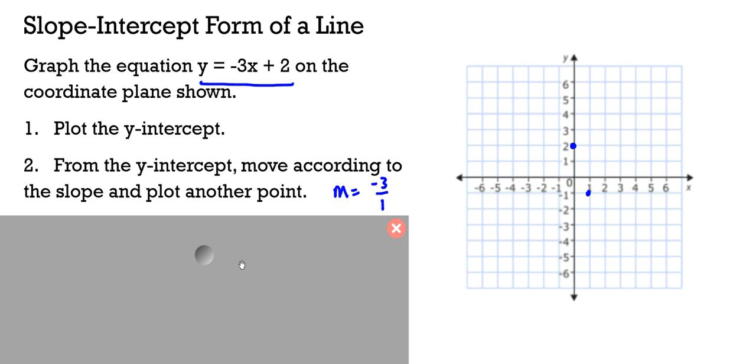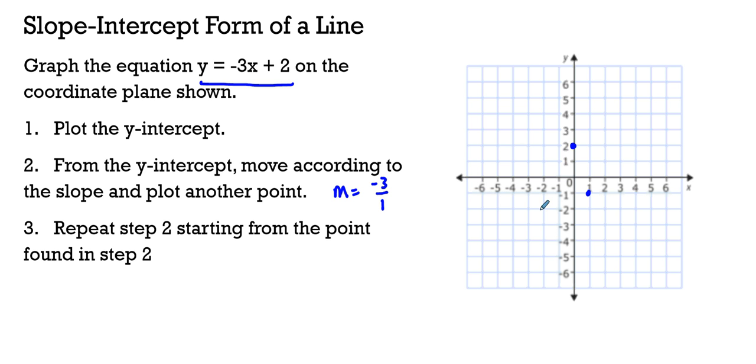And just because it does, you could draw a line through there. I'm not going to try to do that because I want to make sure I have at least 3 points to do this, which is the last step. So from this new point, move according to the slope again. 1, 2, 3 down, 1 over. If you can do it a 4th time, 1, 2, 3, to get 4 points, even better.